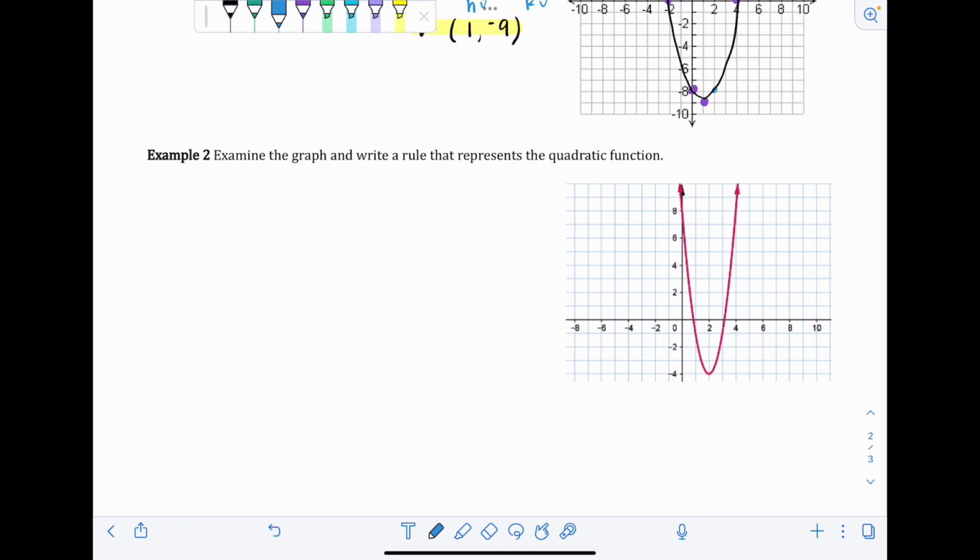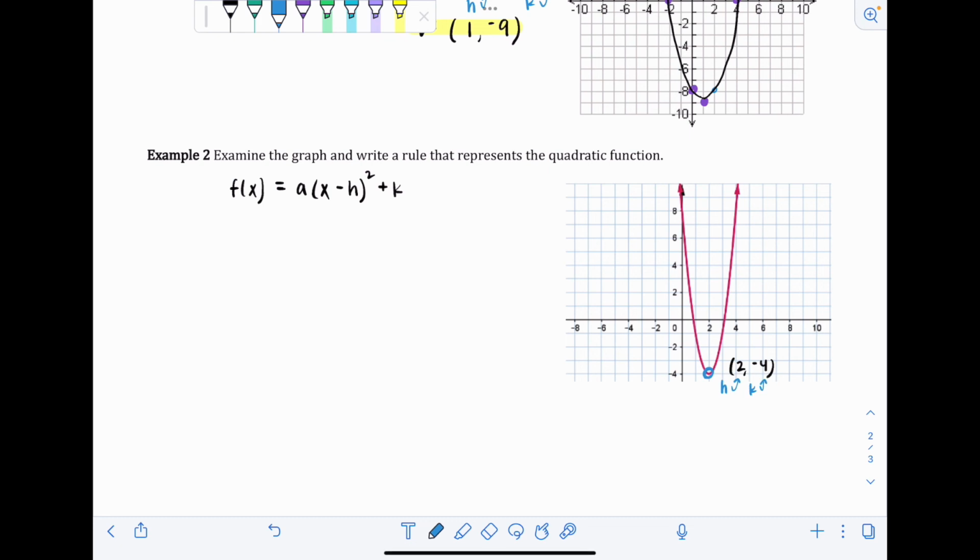But we do know the vertex. That looks like it's exactly on the point 2, negative 4. So since we know the vertex, we should use vertex form to write our rule. The vertex form formula is f of x equals a times x minus h squared plus k. When you're given the vertex, remember that the x-coordinate is h and the y-coordinate is k.